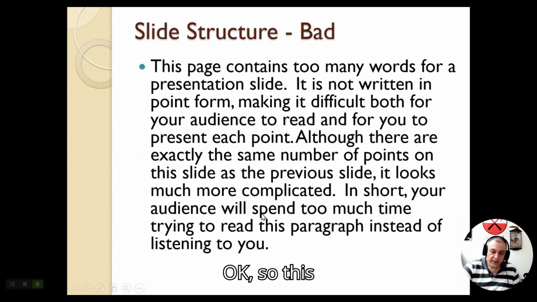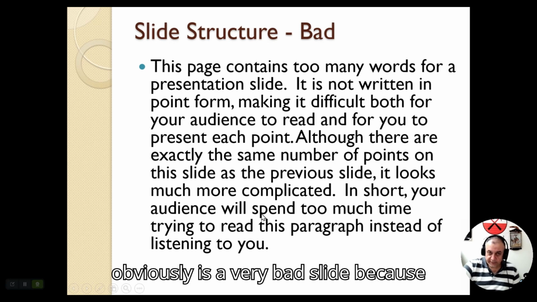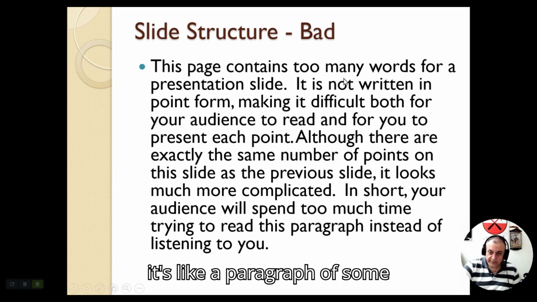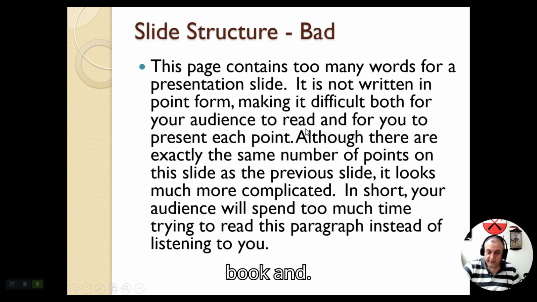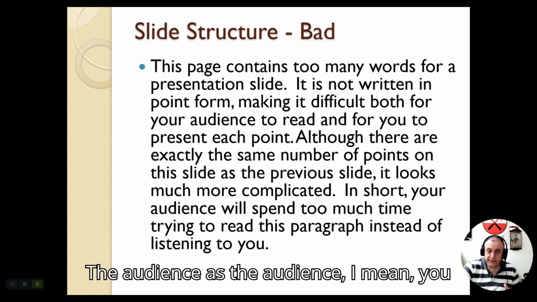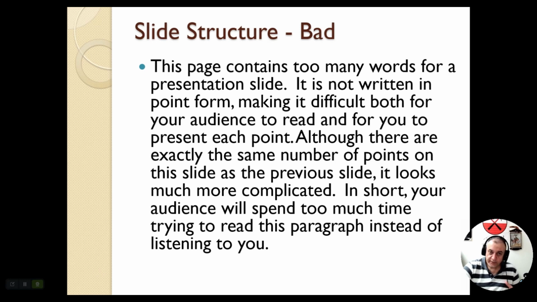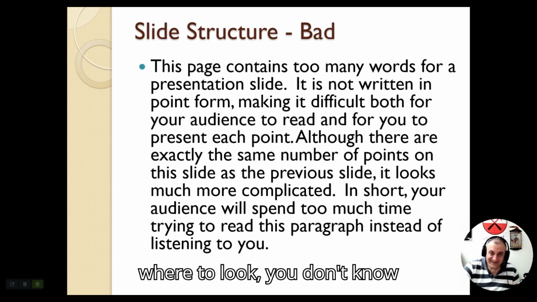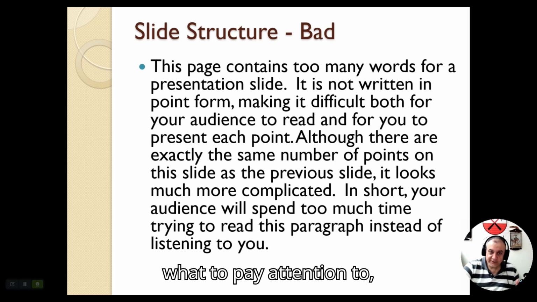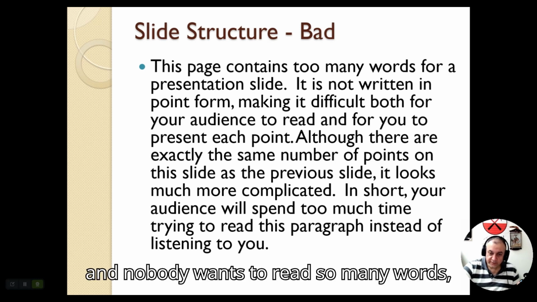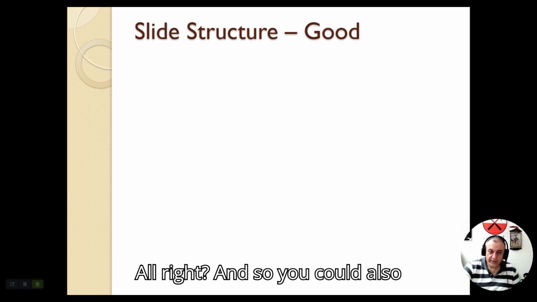Okay. So this obviously is a very bad slide because it's like a paragraph of some book, and as the audience, when you look at this, you don't know where to look. You don't know what to pay attention to, and nobody wants to read so many words. All right.